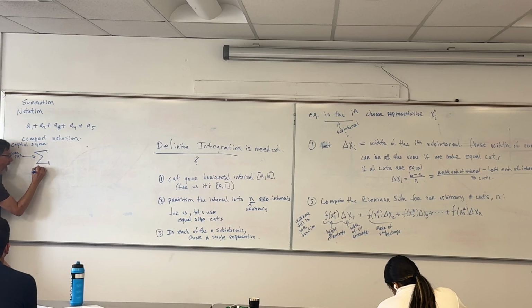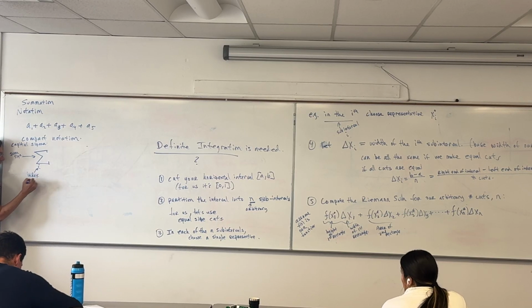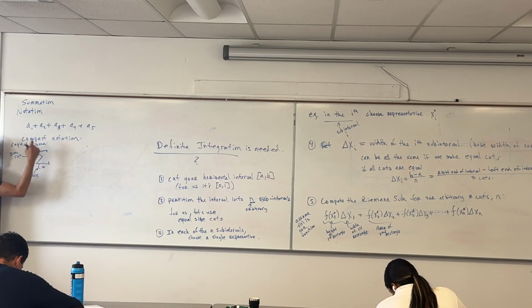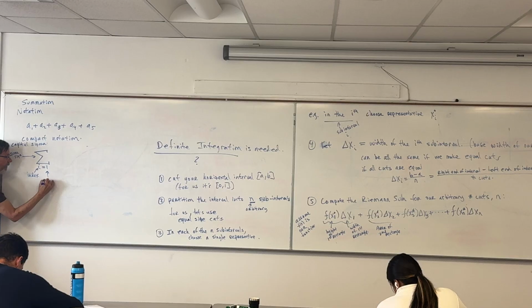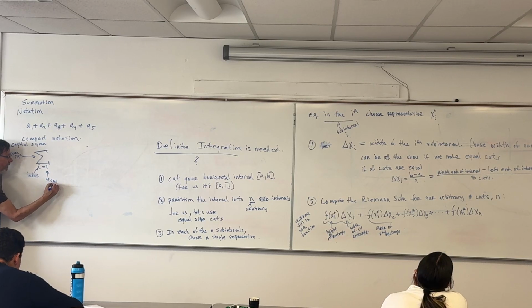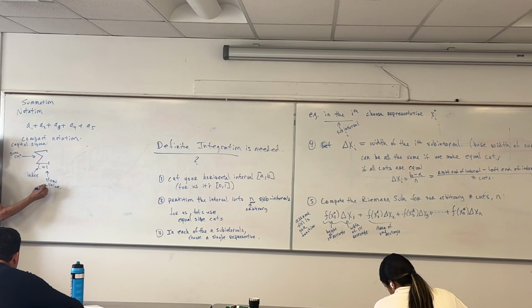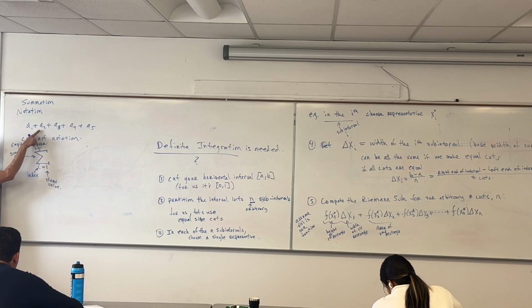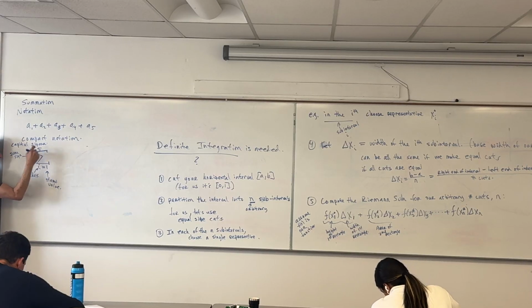And then here I have a thing called an index. So this is called my index. And it's going to start at some value. This one starts at 1. So this is the start value. And on top, I have the end value. So notice here, I've got this little moving piece. It goes 1, 2, 3, 4, 5, starts at 1, ends at 5.